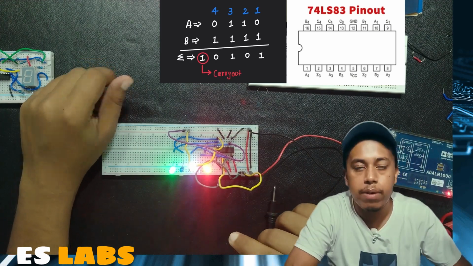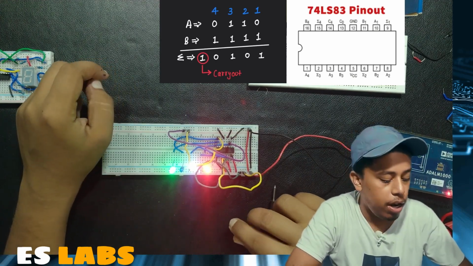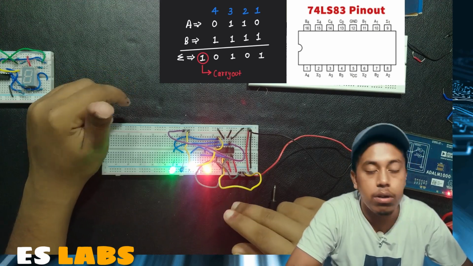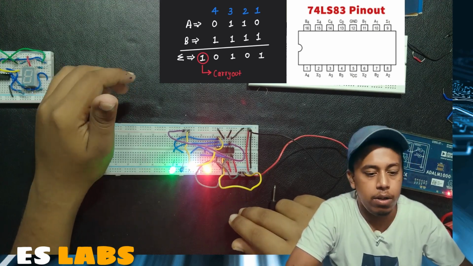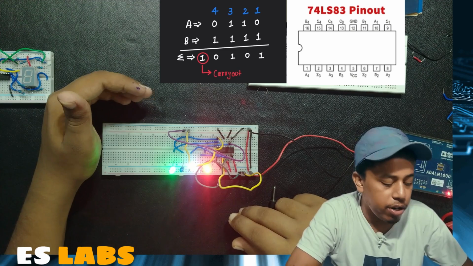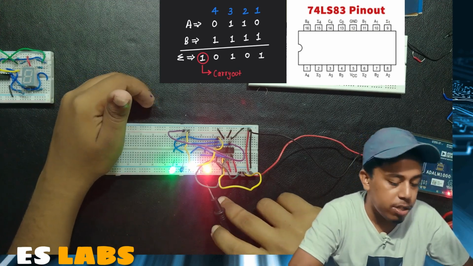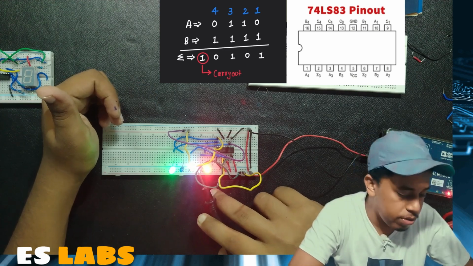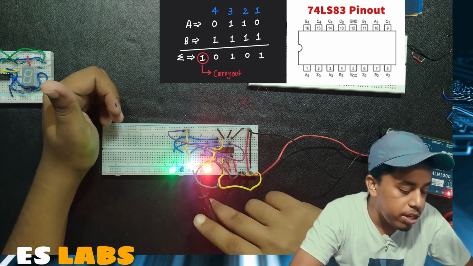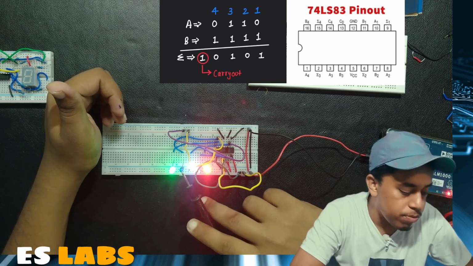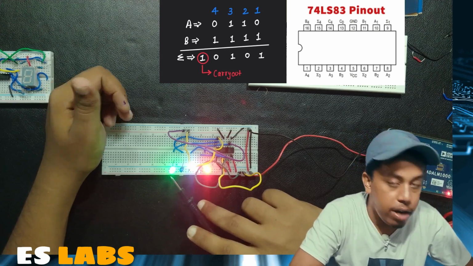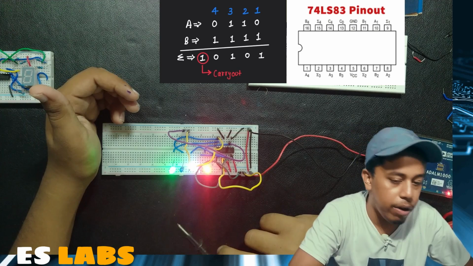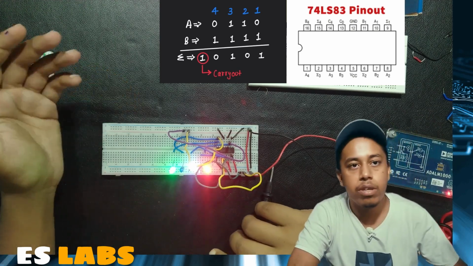Our input A was 0 1 1 0 and input B is now 1 1 1 1. If we add this, we get summation 1 equal to 1, summation 2 equal to 0, summation 3 equal to 1, summation 4 equal to 0, and the carry out will be equal to 1. So now we have tested both the ICs.